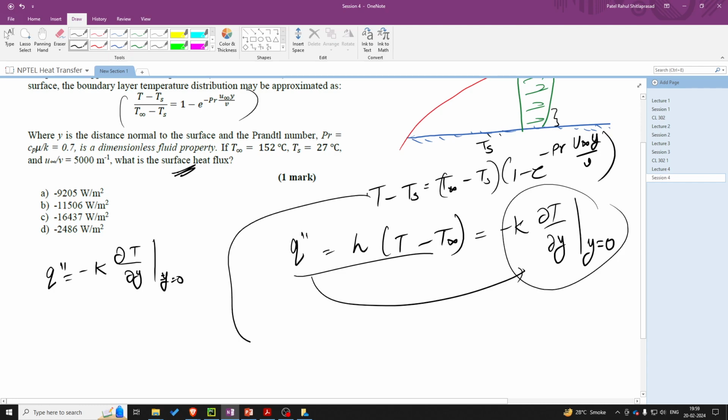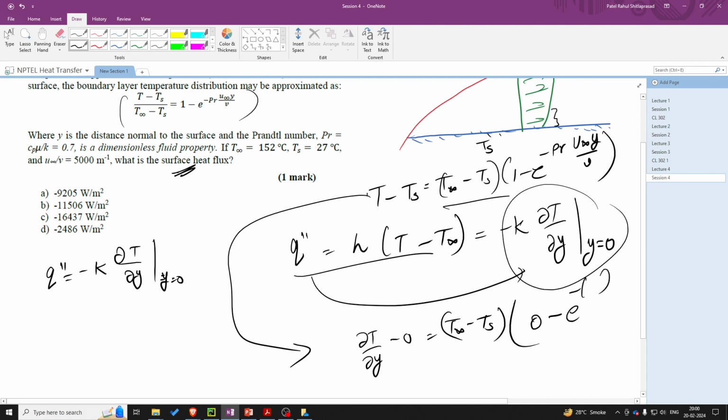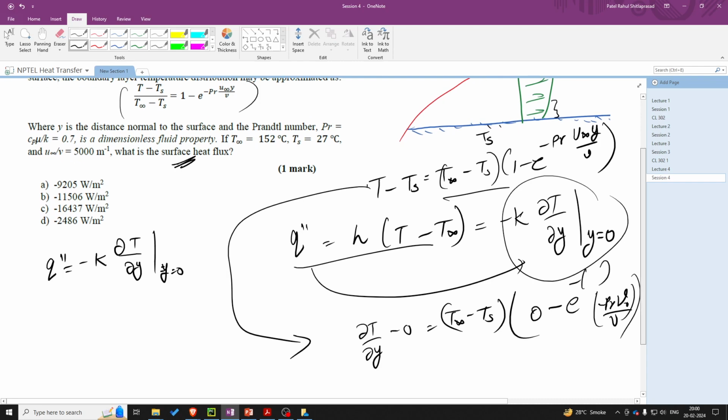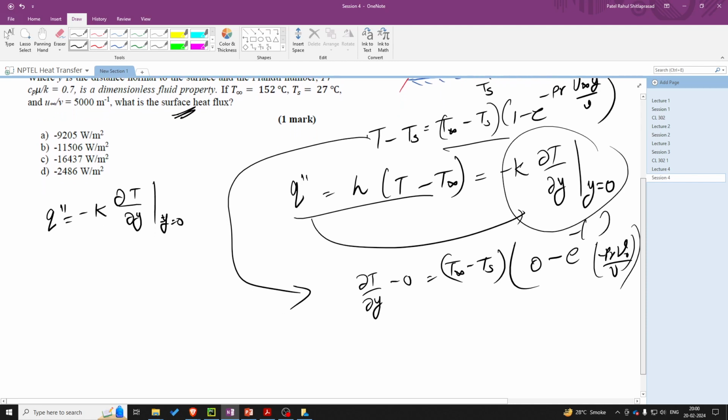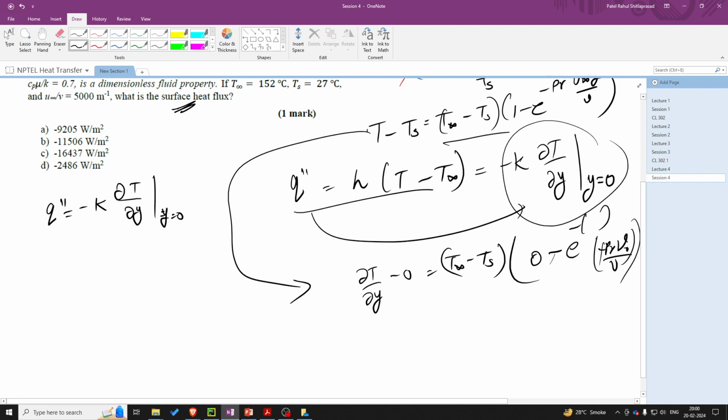So del T by del y is, minus 0, this will be a constant, T infinity minus Ts, times minus of exponential of the entire term, and then in multiplication we will have minus of Pr U infinity by nu. So this minus will become plus, and if we put y equal to 0, the power of this exponent will become 0, so ultimately this will become 1.